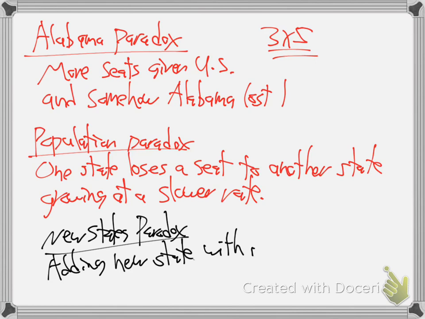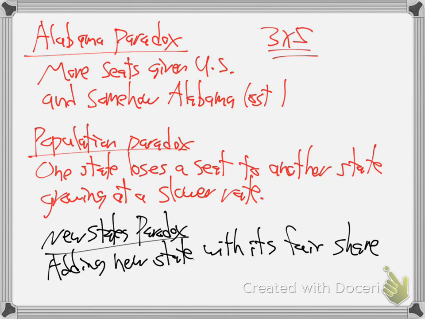So what they would try to do when they added a new state to the Union is they would just calculate ahead of time, okay, this new state has whatever population, so they should get 7 seats in the House of Reps. And they would just let the House of Representatives grow by however many seats that new state should get. Therefore, they didn't take any from anybody because they knew the states would get mad. So if they had a new state, they would calculate ahead of time, go, oh, he gets 7 seats, so boom, we'll make the House of Representatives go from 200 people to 207 now, or whatever.